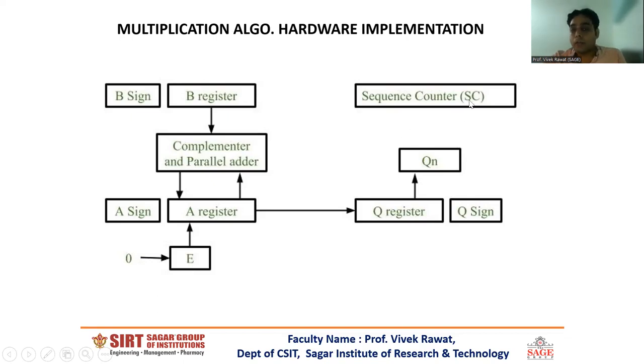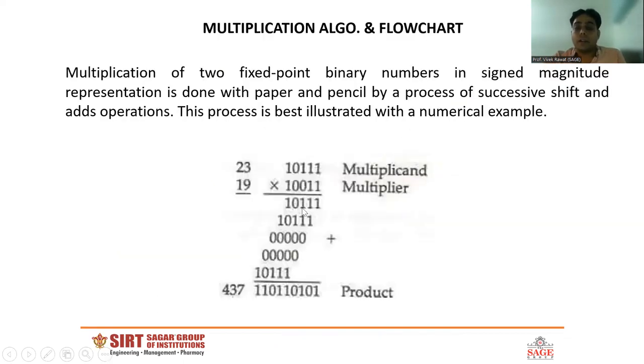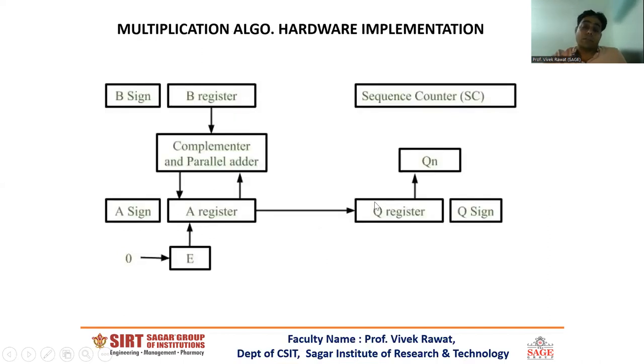And sequence counter means here, this 1 multiplies the whole number, this 1 multiplies the whole number, this 0 multiplies the whole number, this 0 as well. So this is the sequence 1, 2, 3, 4, 5. Here the sequence counter number is 5. So this sequence will be done 5 times.